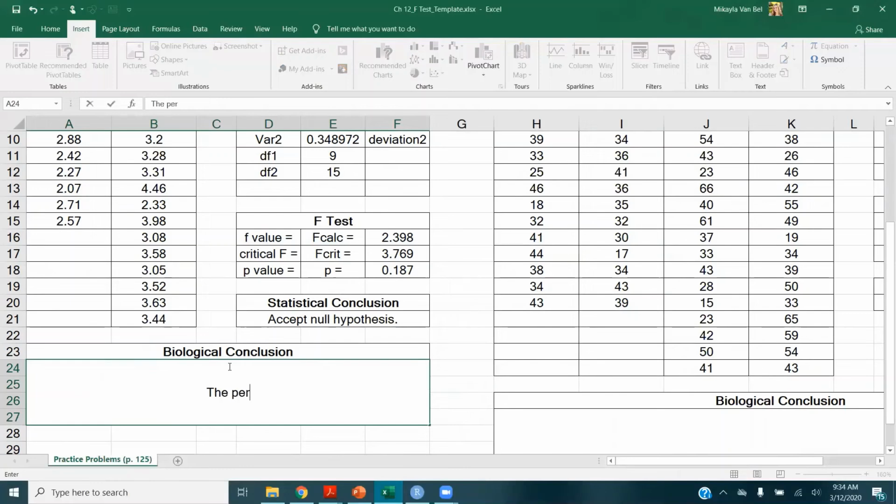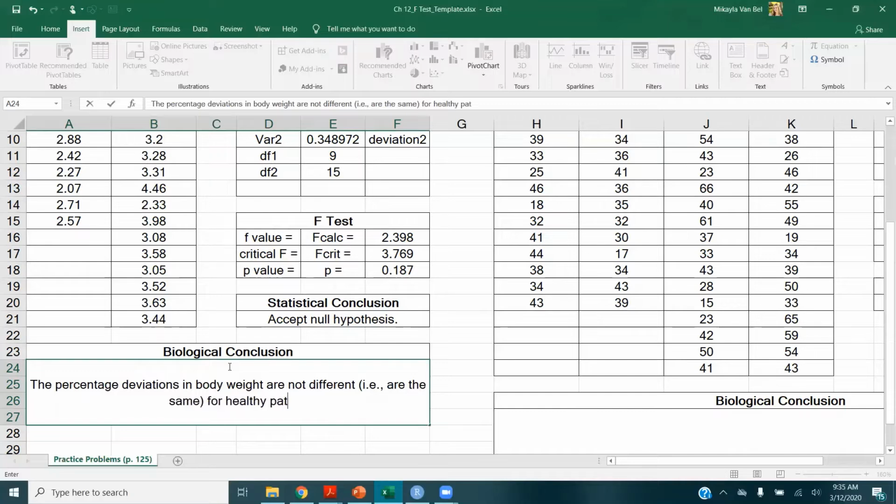So we can say the percentage deviations in body weight are not different, i.e. are the same, for healthy patients and cancer patients. Again, biological conclusions do not have to be very long. As long as you convey that you understand the concept here, that is sufficient for the biological conclusion.